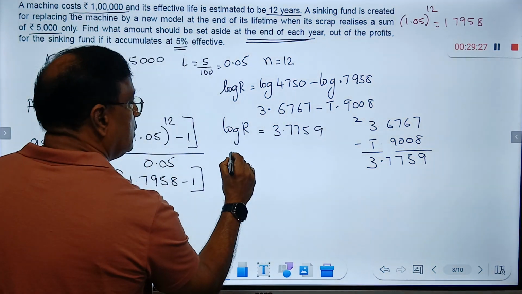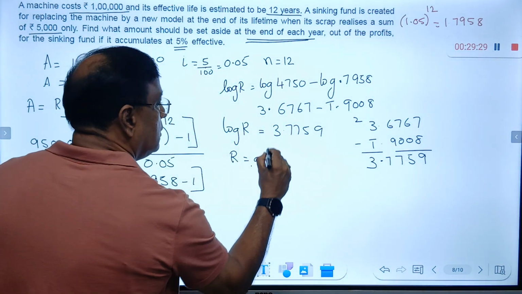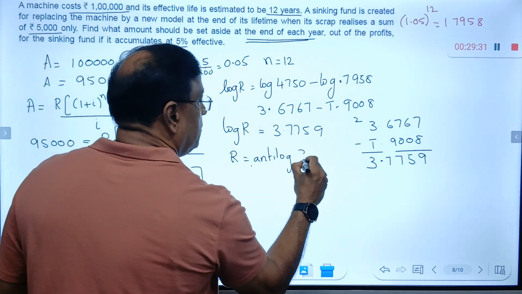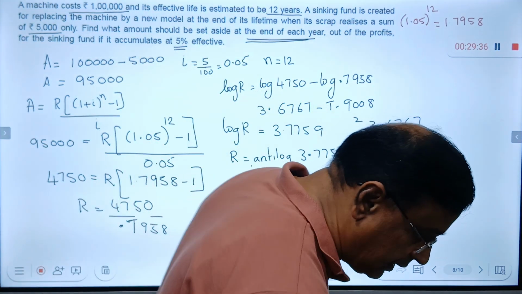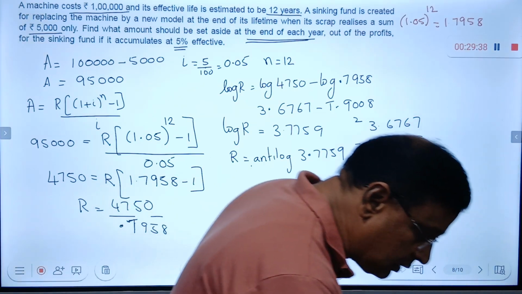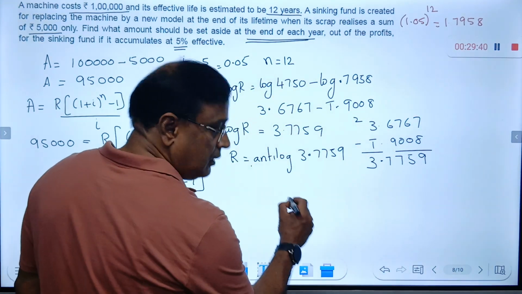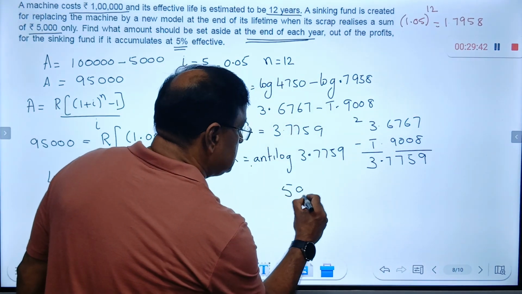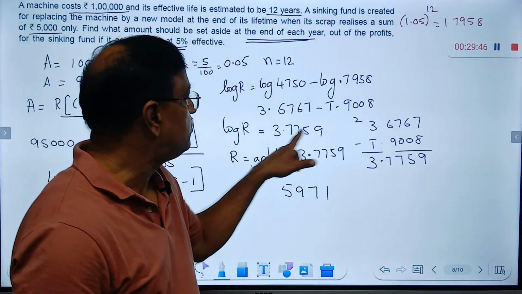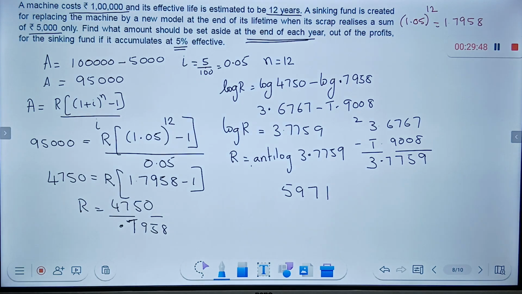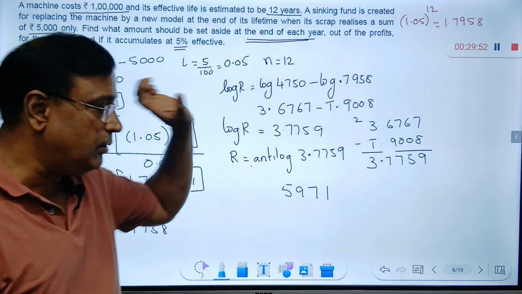Now take anti-log. R equal to anti-log of 3.7759. You take anti-log of 7759, I think you should get something like 5971, 3 decimal places. So there's some problem with the subtraction. I think you can understand that. The essence of the problem is clear. Only this last part, you be very careful about calculation.